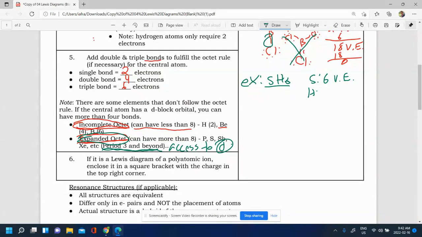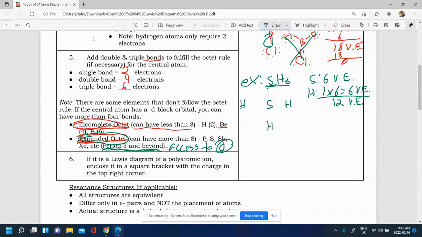For hydrogen, there's 1 valence electron, but there are 6 of them, so that's 6 valence electrons there to place. That gives us 6 plus 6, 12 valence electrons to place. So we're going to draw our central atom, which is sulfur. There's only one of it. And then place our hydrogens around sulfur.